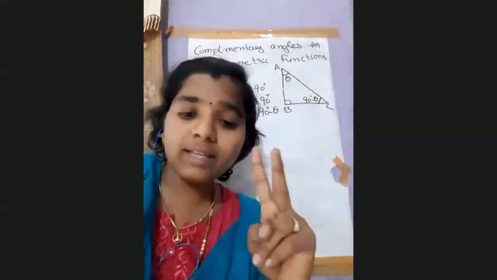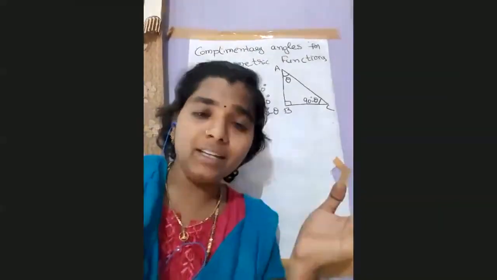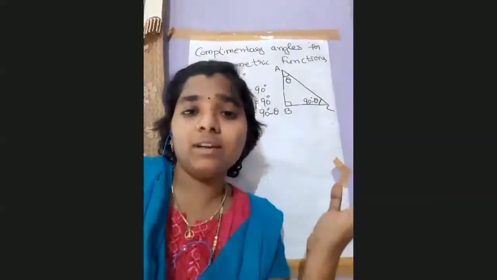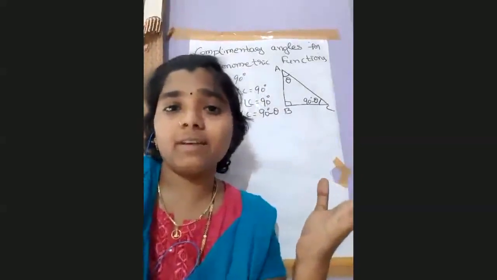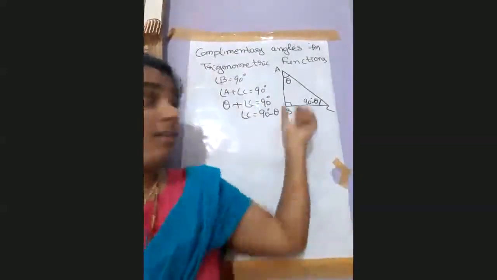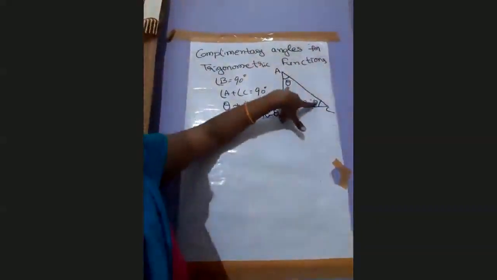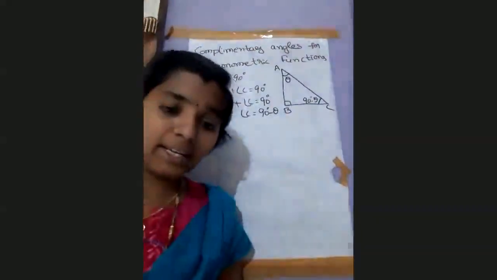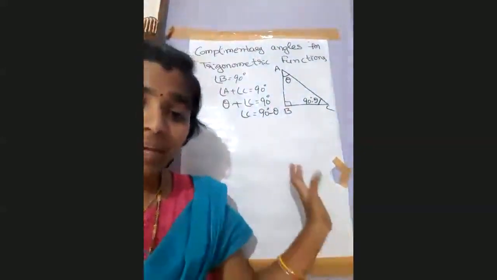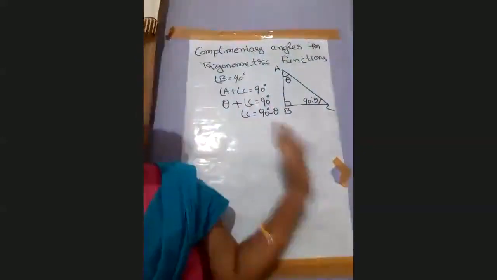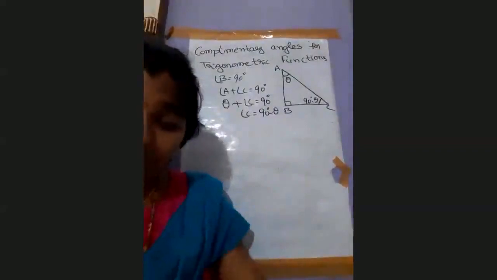If two angles' summation is 180, then those are supplementary angles. Here angle A and angle C sum to 90 degrees. That's why we are saying complementary angles for trigonometric functions.